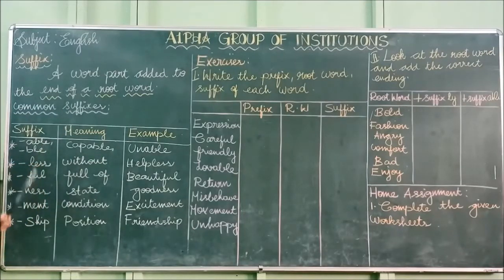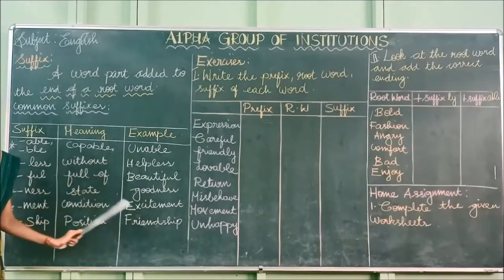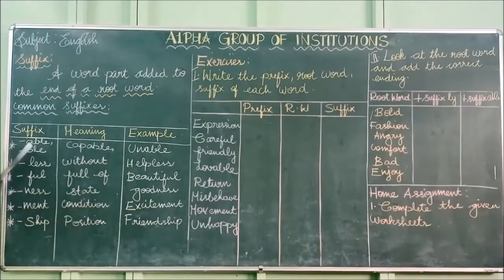Let us see one by one. These are the common suffixes, and these are the meanings of the suffixes, and I have given examples. The suffixes are: able, ible, less, ful, ness, ment, ship. Let's read once again: able, ible, less, ful, ness, ment, ship.